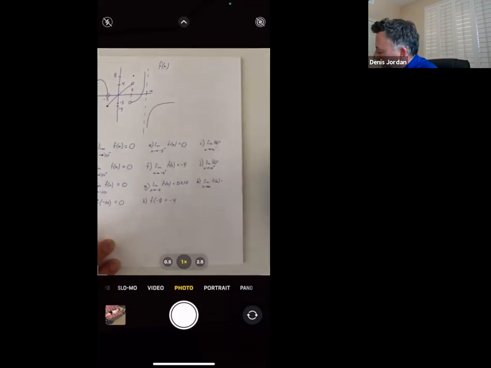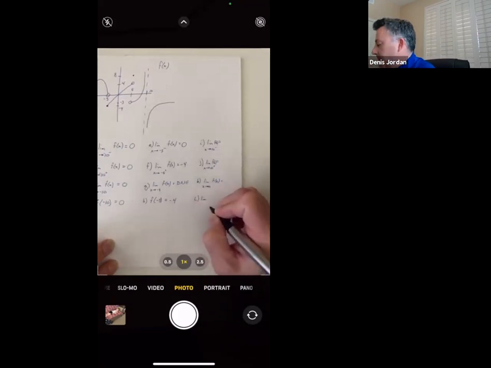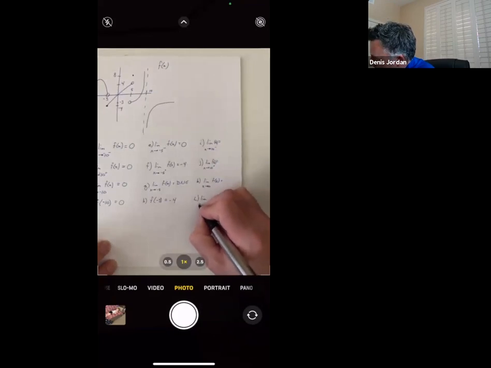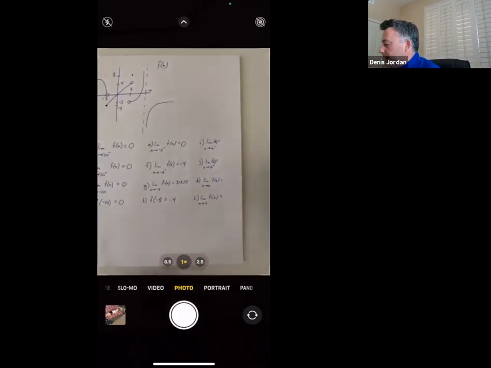The overall limit. And then just for fun, because I drew it in there, the limit as x approaches 5.